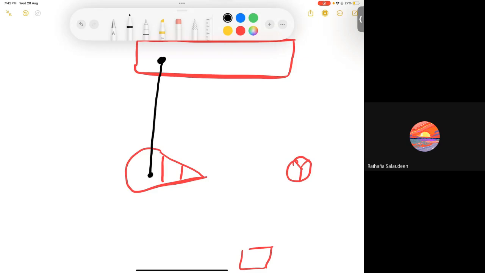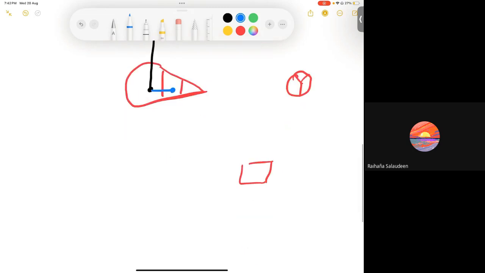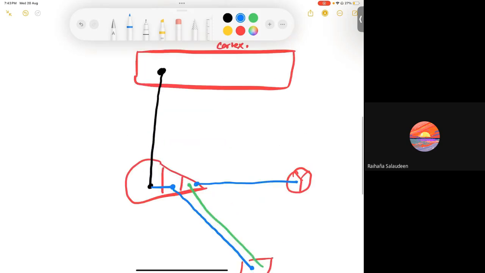From the putamen, the next fibers won't go directly into globus pallidus internus, but into the globus pallidus externus. From there they move into the subthalamus, then from the subthalamus into the globus pallidus internus, then into the thalamus, and from the thalamus into the cortex.